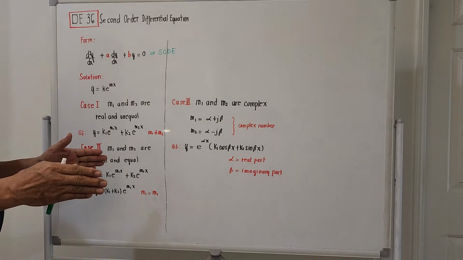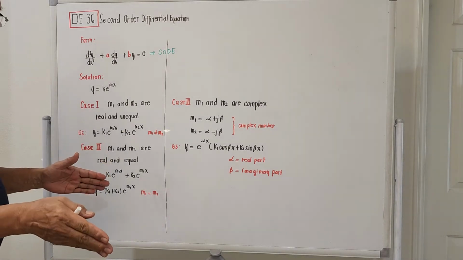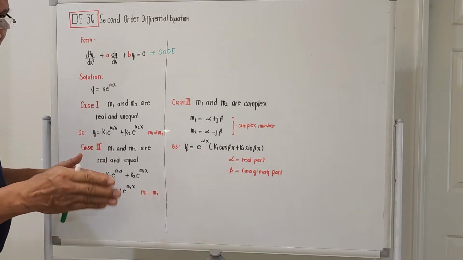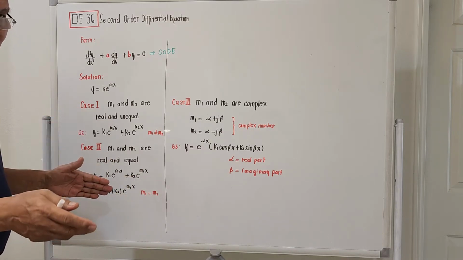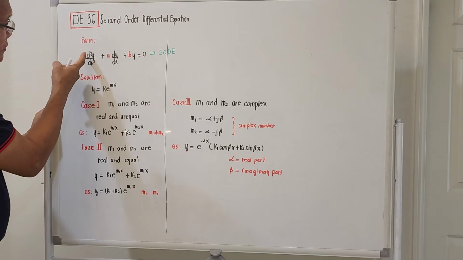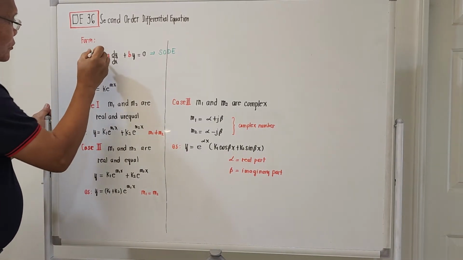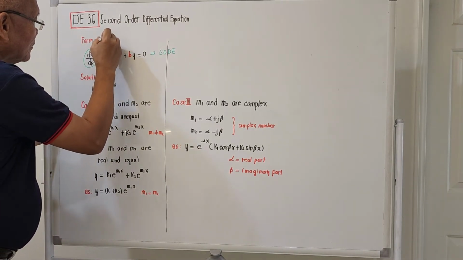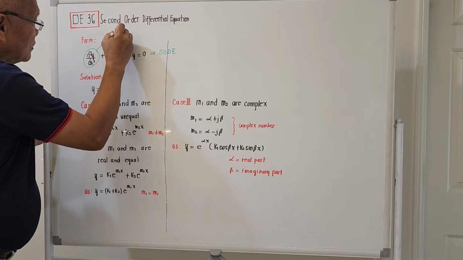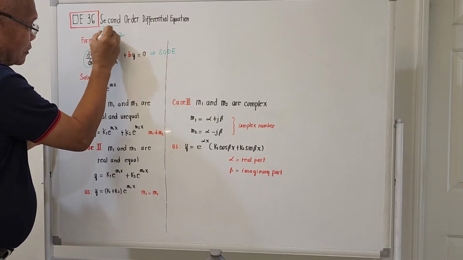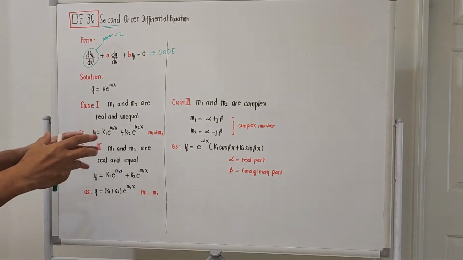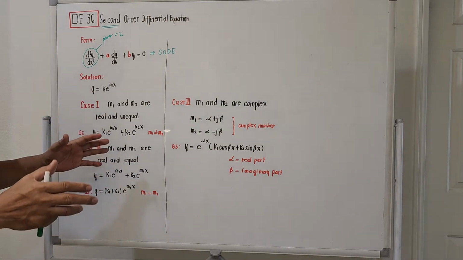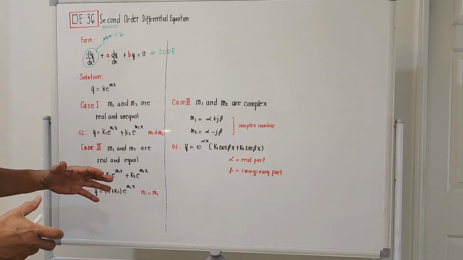Order is actually the total number of times that a given function is differentiated. So under second order, the power is 2. That's why it is second order. So it's just like a quadratic equation, but the problem is it's a differential equation.